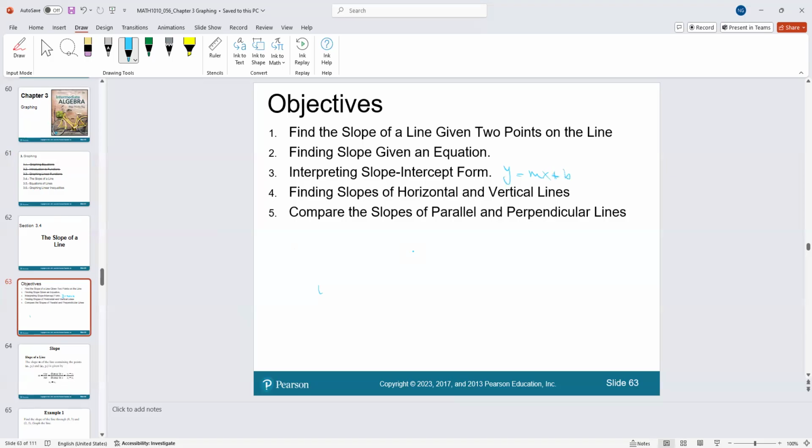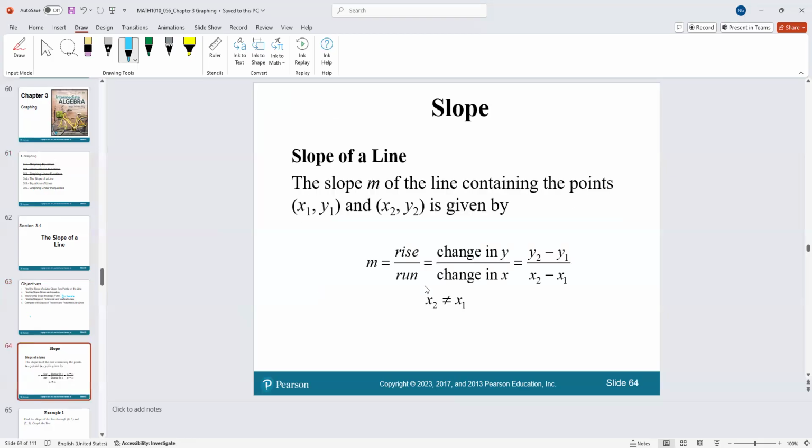What does the number in front of x represent? That's what we're going to see. We'll also find the slopes of horizontal and vertical lines, meaning when you have a vertical line or a horizontal line, what would the slope be? And compare the slopes of parallel or perpendicular lines. So that's what we're planning on doing.